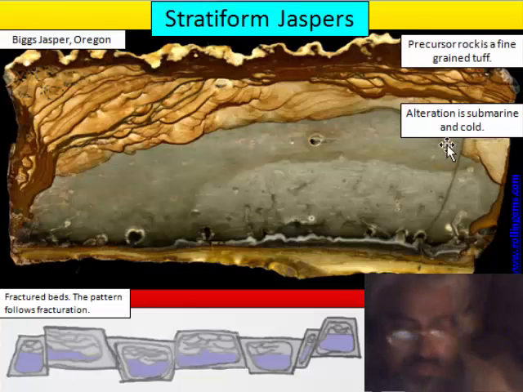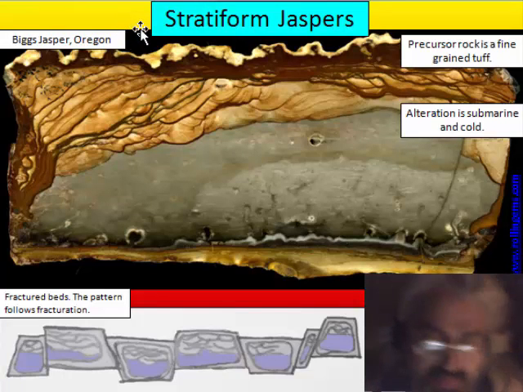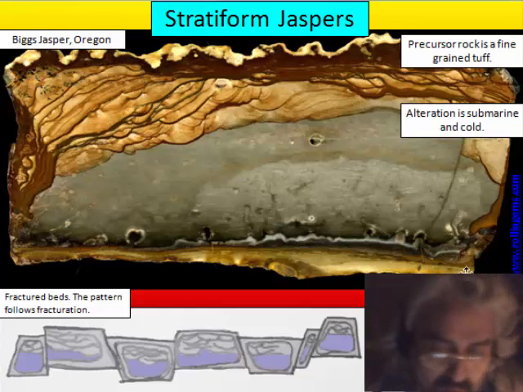Okay, this is an example of a typical and very famous Biggs Jasper that is a typical stratiform jasper, and we can see the form of the block is squared, and the pattern is all around the block. So the block says that it was a bed that was broken in pieces, and the precursor rock is fine-grained.